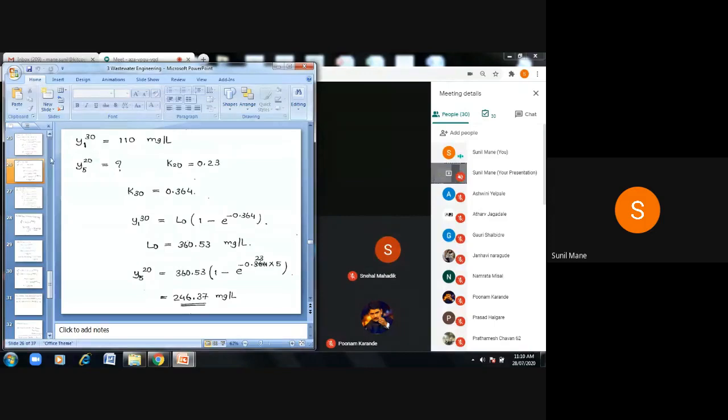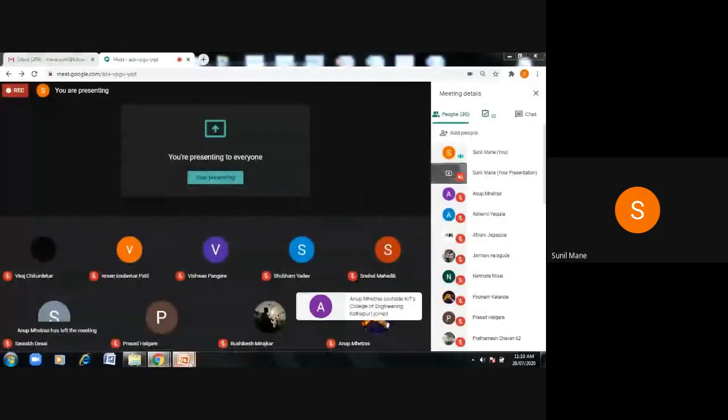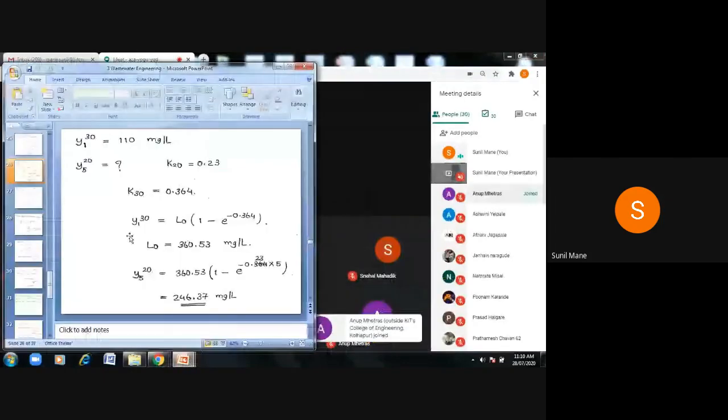So after this incubation, the result we have got is 110 milligram per liter. So the BOD after 1 day at 30 degrees Celsius is 110 milligram per liter. That is the case. This is the first information which has been given.